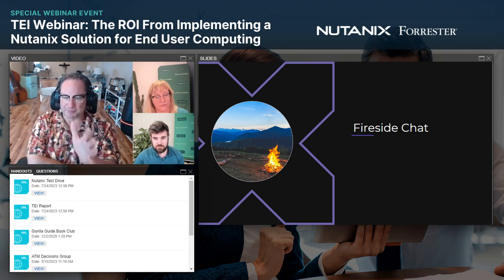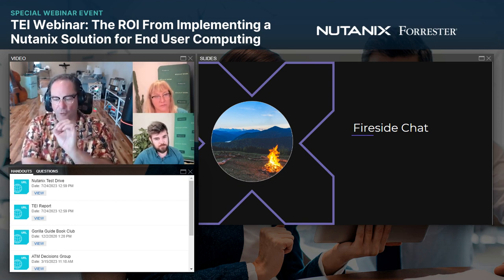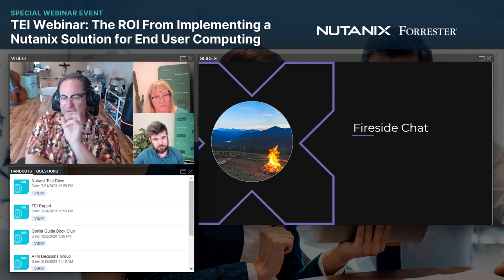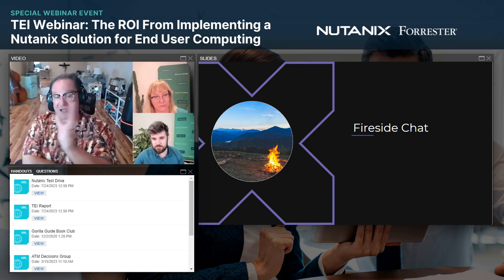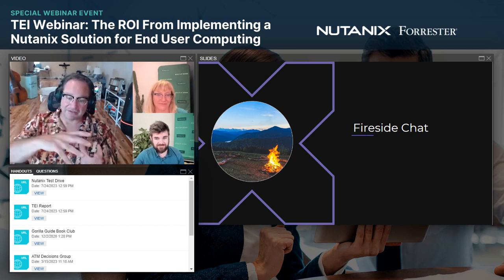So Nutanix Prism and Nutanix Central are really core tools in your tool chest to administer the entire network, storage, compute, but also your virtual machines. And of course, Nutanix Cloud Clusters being able to ease that transition.